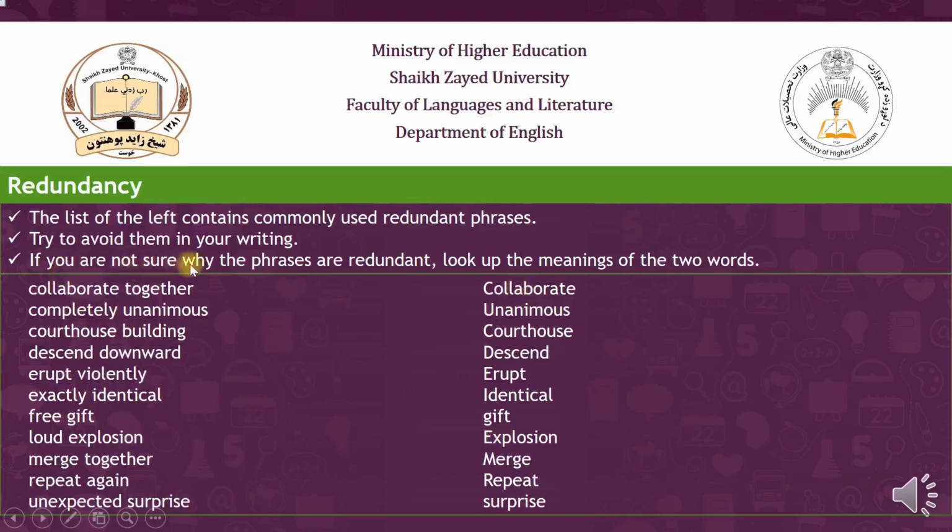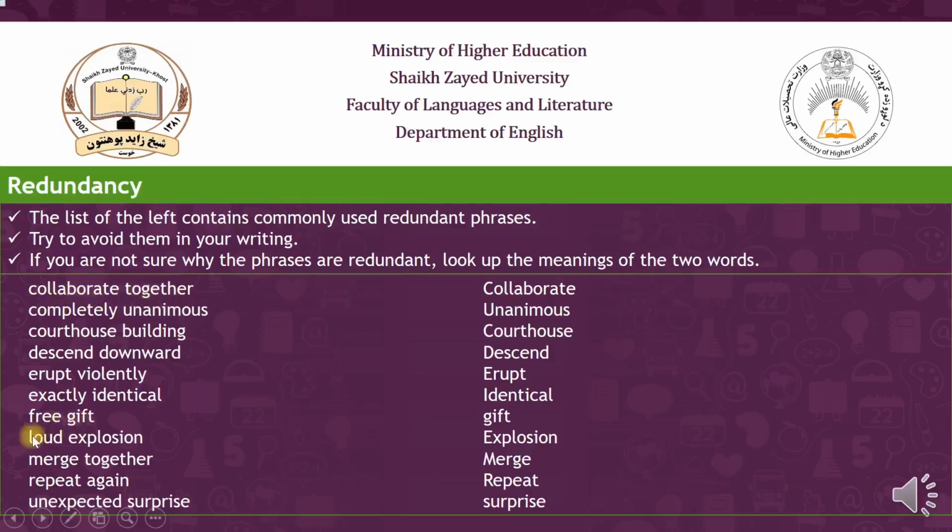If you are not sure why the phrases are redundant, look up the meaning of the two words. These are redundant phrases. If you are not sure that they are redundant, then check the meaning of the words.